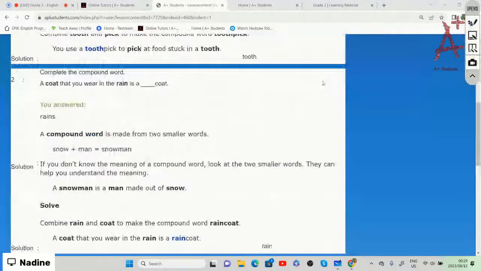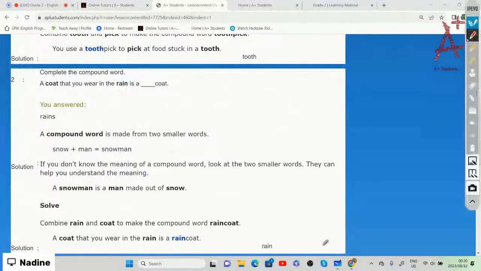A coat that you wear in the rain is called... a coat that we wear in the rain. We call that a raincoat, right? It's a coat that we wear in the rain. And the two smaller words that we put together in order to get the compound word raincoat were rain plus coat.